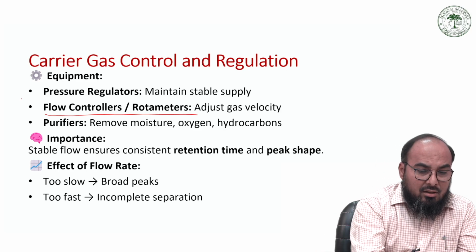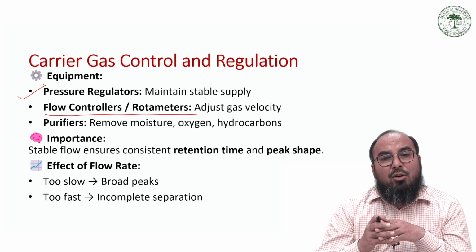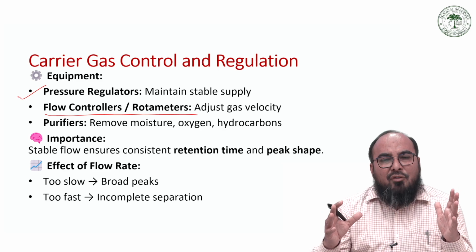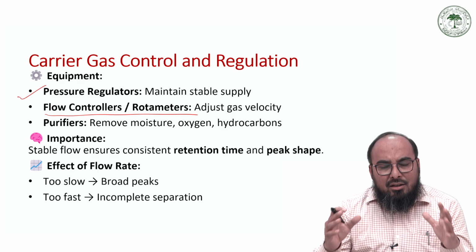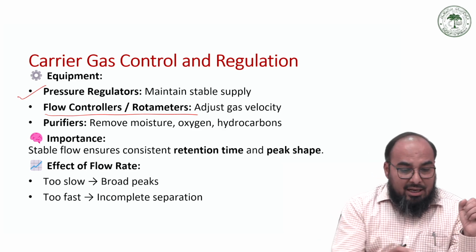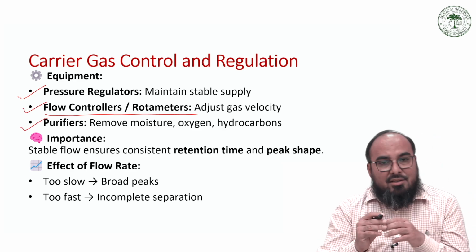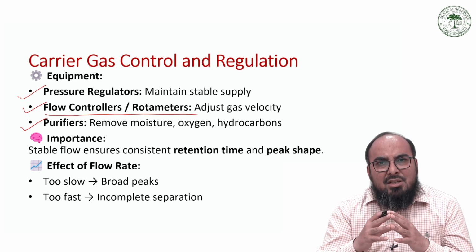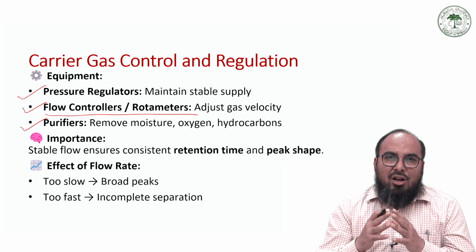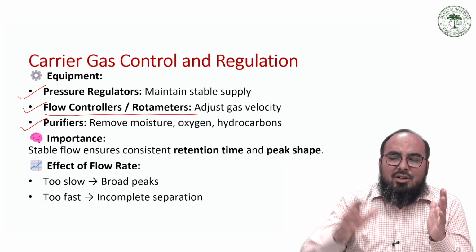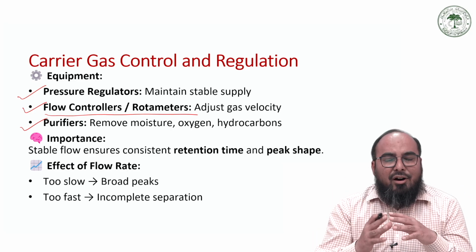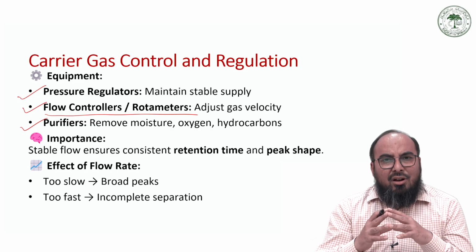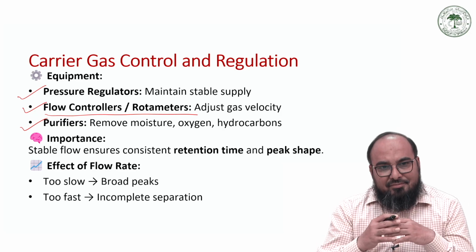Similarly, you have to have good pressure regulators to maintain a stable, uniform supply of your carrier gas. Then you have to adjust the gas velocities, and the most important one, the purifiers, to remove moisture and impurities so that your column remains clog free, with a very smooth flow of carrier gas along with your volatile solute molecules.